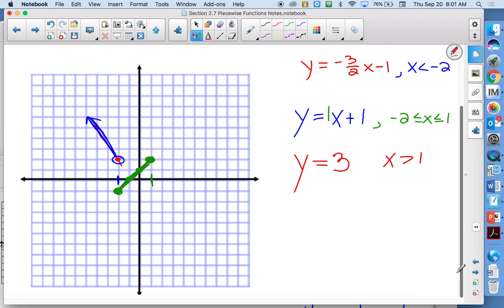So you go to where y is 3, right here, and make a horizontal line because y is always 3. Then, exactly like we've done the last two, you go to where x is equal to 1 and match it up with your graph. This time it just says greater than, so we get an open circle.